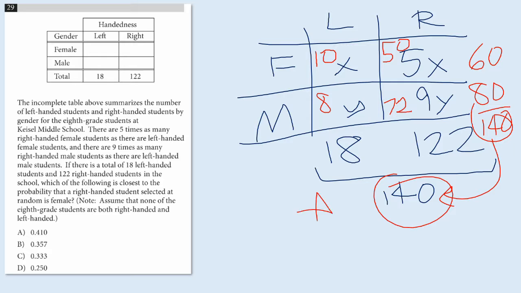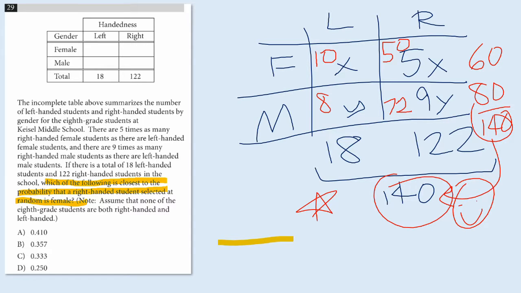And the question is now asking me, which of the following is closest to the probability that a right-handed student selected at random is female? So this is a probability, and let's create a fraction. We're selecting randomly from right-handed students.